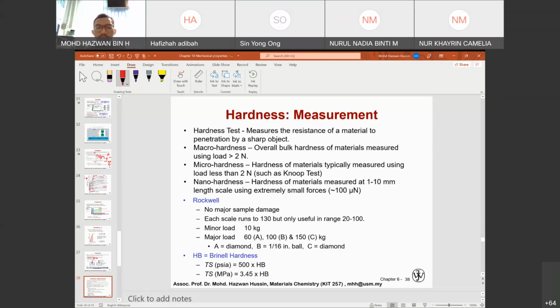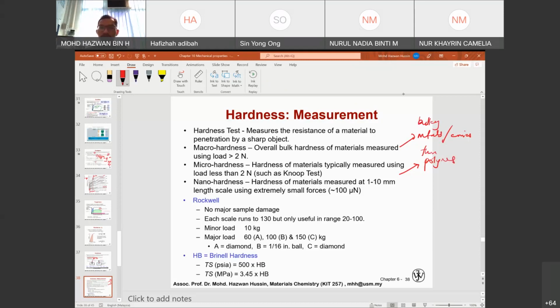So what actually makes the difference? It depends on the type of material that you are focusing on. For example, macro hardness is used for bigger objects like metals, ceramics, rocks, minerals, etc. Micro hardness normally will be used for polymers and other thin materials, not bulky or big materials.